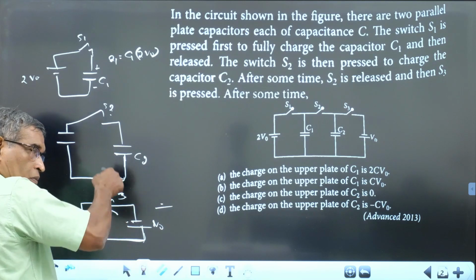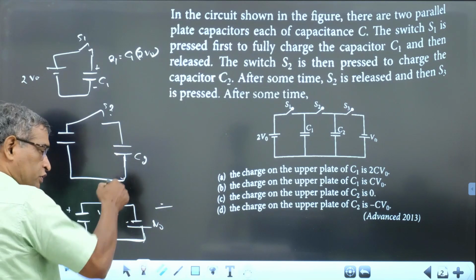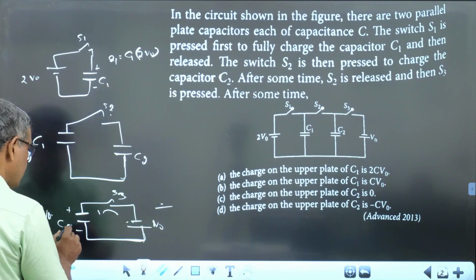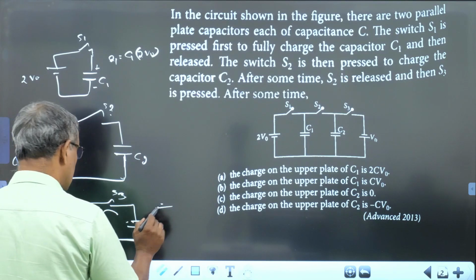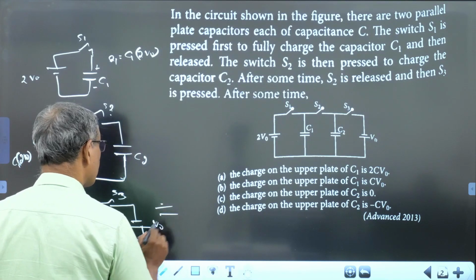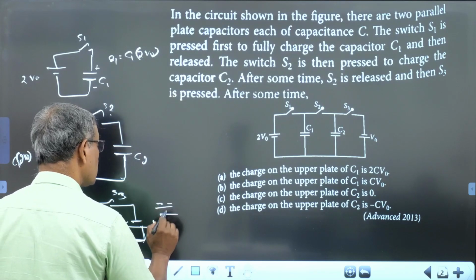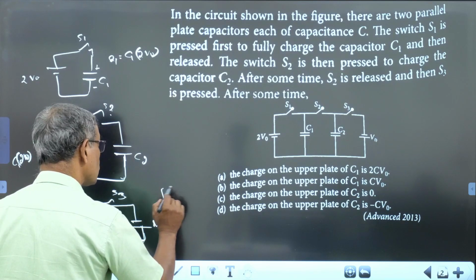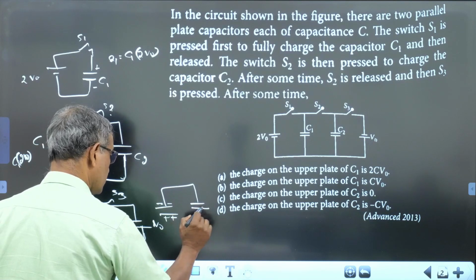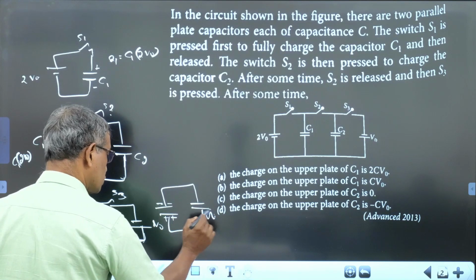After S2, S3 is pressed for some time, and we can see that this capacitor is charged with the upper plate negative and the lower plate positive, and the charge is equal to CV0.